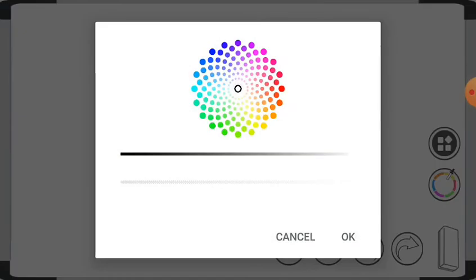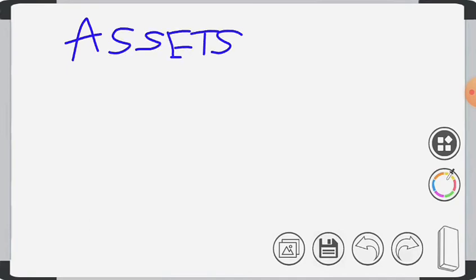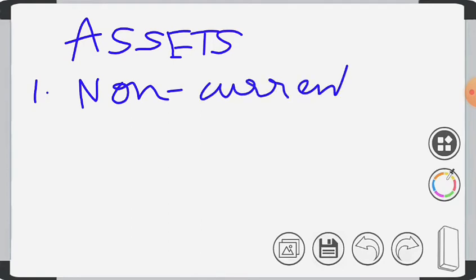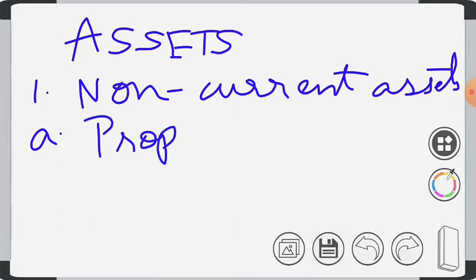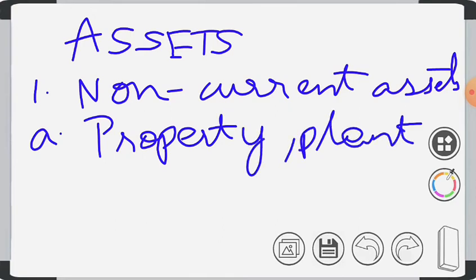Now let us come towards the assets side. Well, under assets you have to write the term assets in capitals. The items would be non current assets. Sub point A, property, plant and equipment.